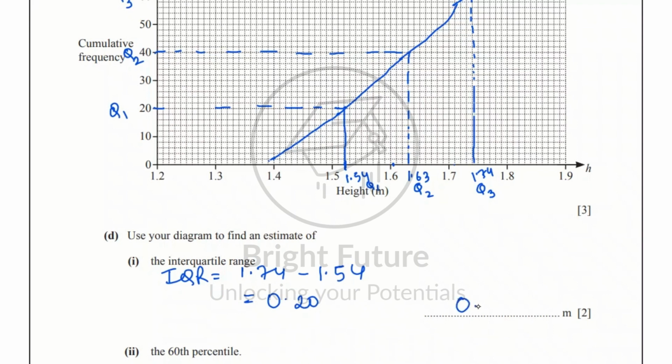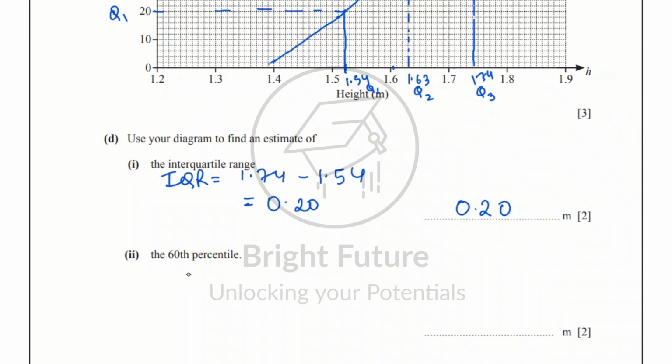You may get an answer somewhere around 0.20, 0.21. Now this I got on the basis of the graph that I drew. Your graph should be accurate. I couldn't scale it properly, but you scale it properly and plot it properly on your paper.